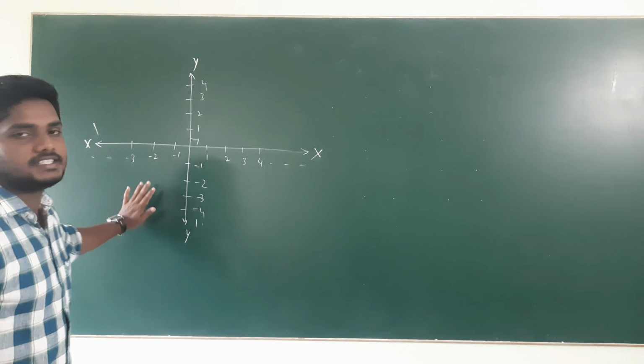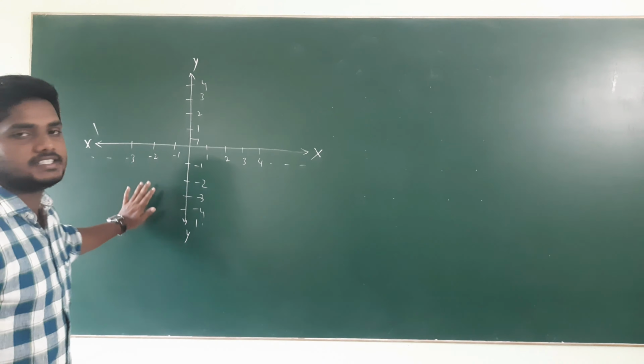For example, here on the x-axis, 1 centimeter is equal to 1 unit I take. On the y-axis, 1 centimeter equal to 1 unit I take. Why 1 unit? Because here 2 and 4 are only small values. Here you need to write 1 centimeter is equal to how many units you will take.